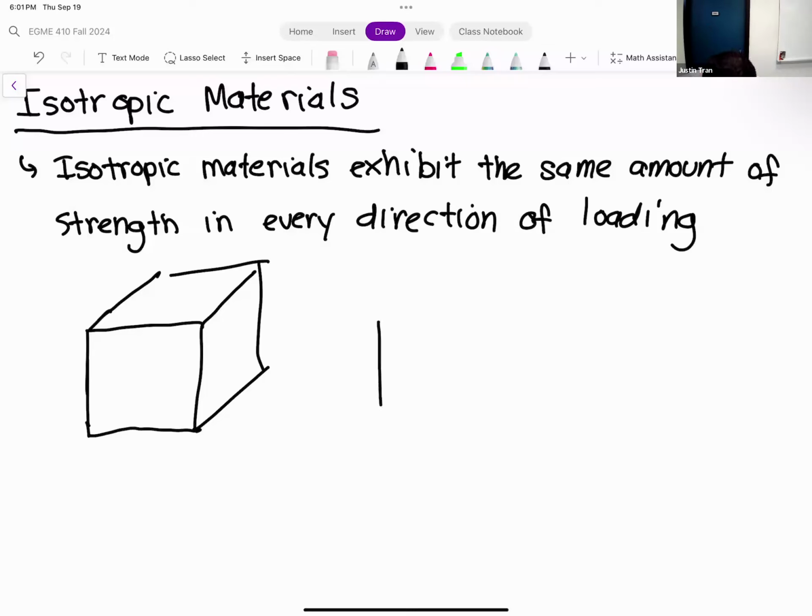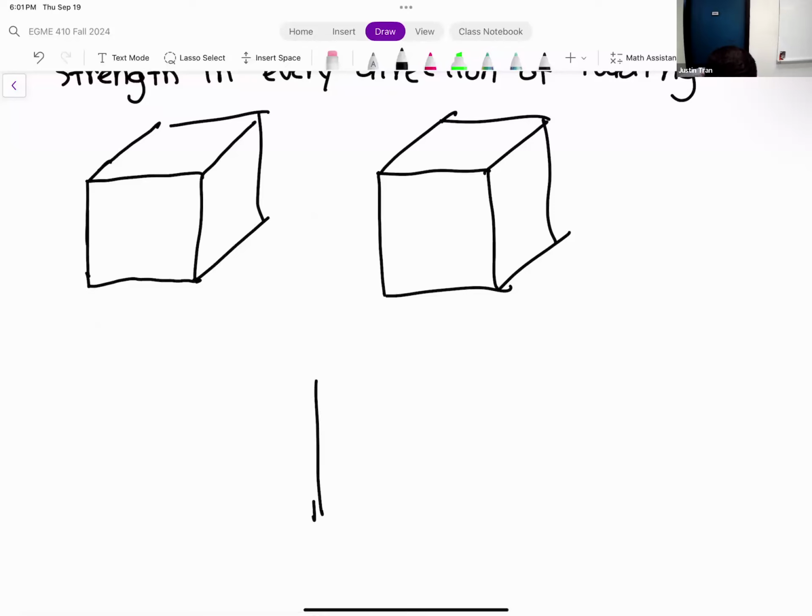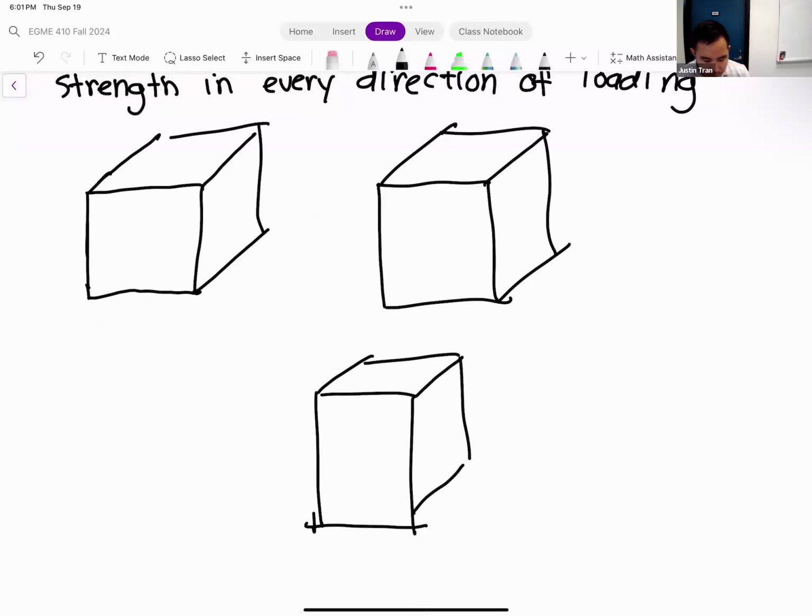So the example that I like to give is that if you have a cube, okay? I guess if you have 3 cubes of the material, right? It doesn't matter if you load this cube left to right. So if you have forces that act on the cube like this, or forces that act on the cube like that, or forces that act on the cube like this. Okay. So in all 3 of these cases, we have compressive forces. And if we have a cube, then all sides are going to be the same size, right?